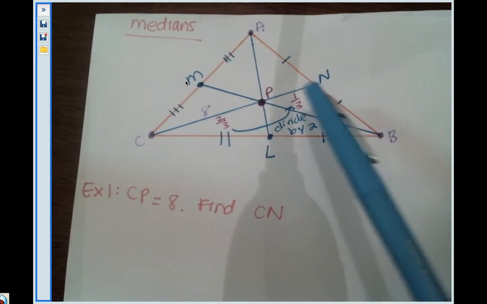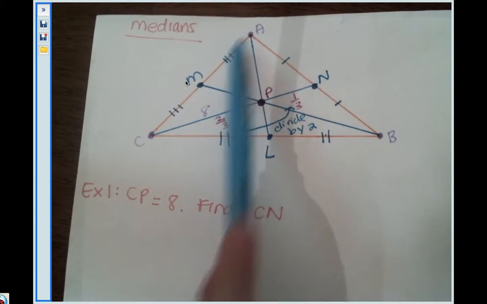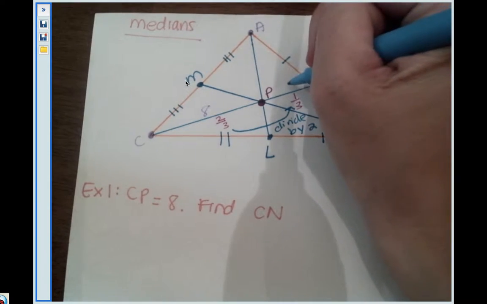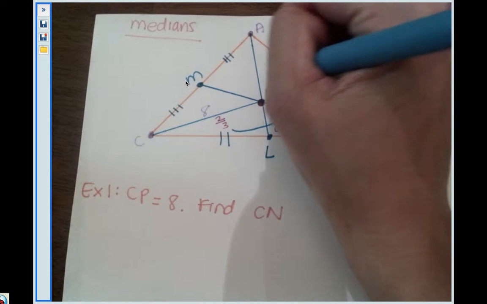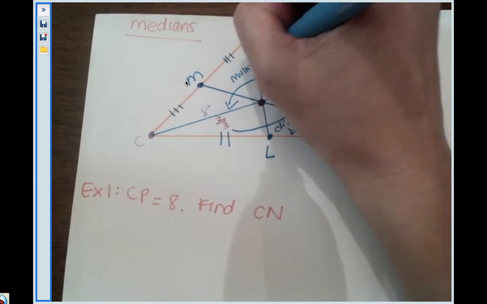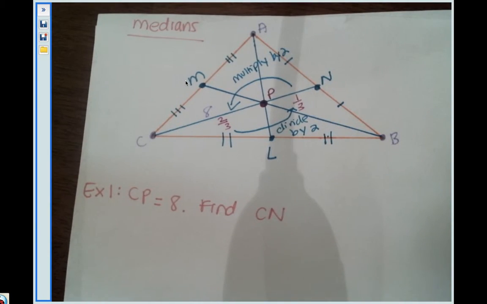If I want to go from 1/3 to 2/3, what do you do? You multiply by 2. So to get from the piece from the centroid to the side of the triangle to this piece right here, you multiply by 2. That's helpful when you're solving. You don't have to solve it this way, but in my opinion, it's the easiest way.